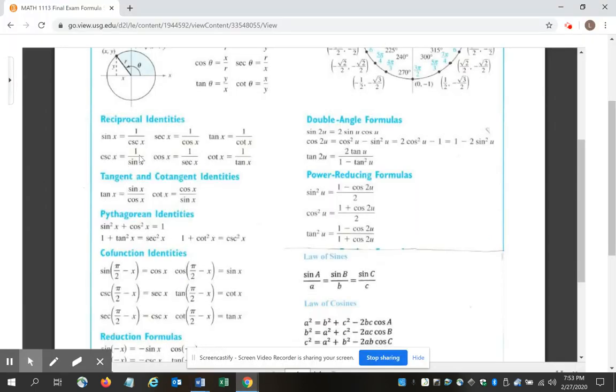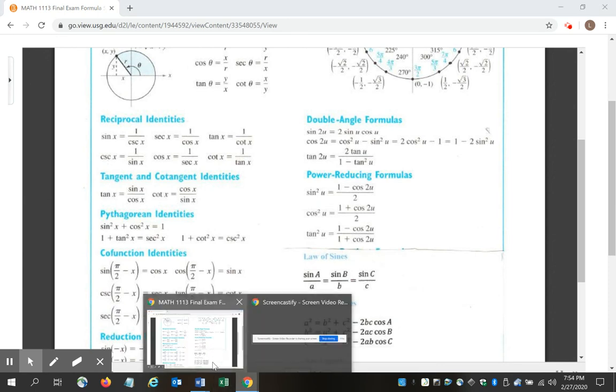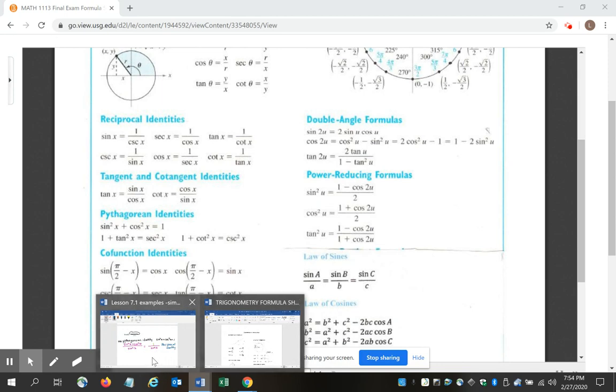Okay, and I think about a reciprocal identity, it shows that cosecant is 1 over the sine of x. Well, I have sine squared, so I could use the same relationship: cosecant squared is 1 over sine squared.